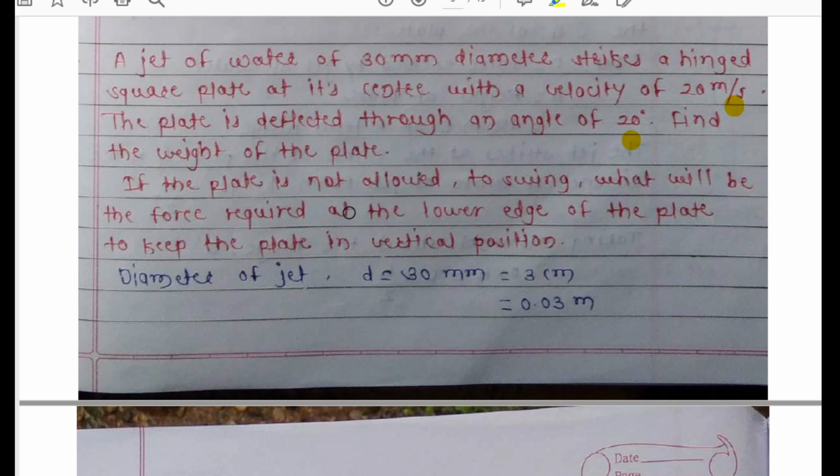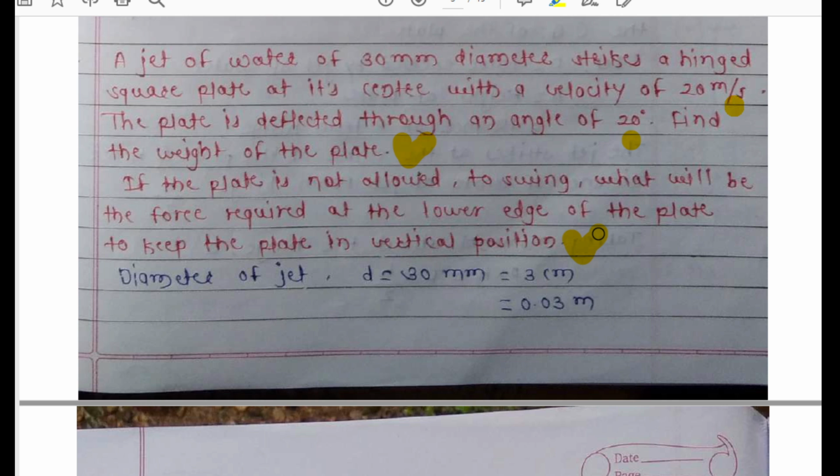But if the plate is not allowed to swing, what will be the value of force that we have to act on the lower edge of that plate to keep that plate in vertical position? So firstly we have to find out W, and secondly the value of that force.